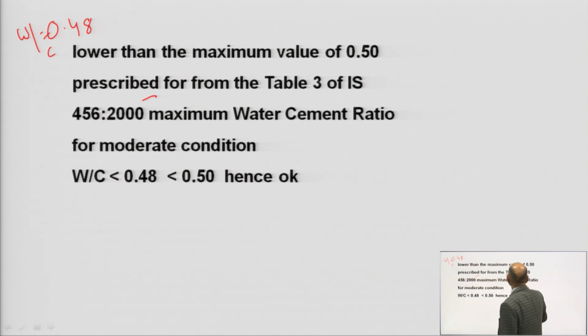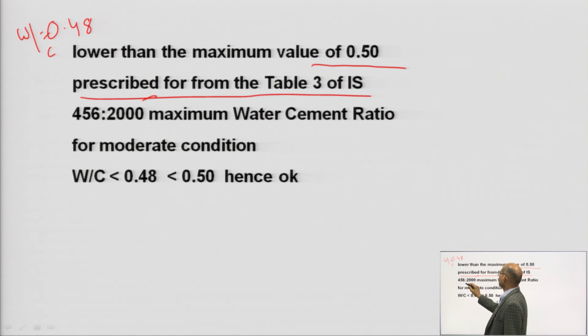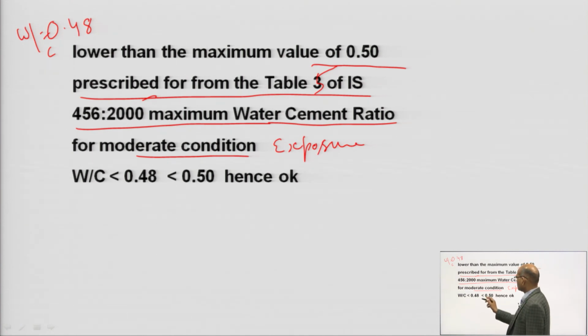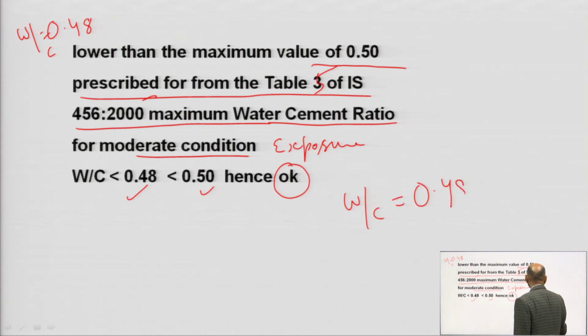That is lower than the maximum value of 0.50 prescribed in table number 5 of IS 456 for maximum water cement ratio for moderate exposure condition. So, from the strength point we have 0.48, and here we have 0.5. So, how much water cement ratio are we going to adopt? 0.48.